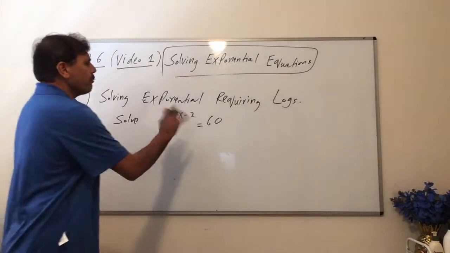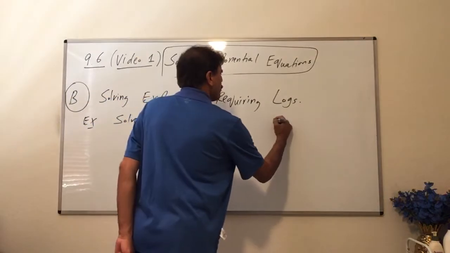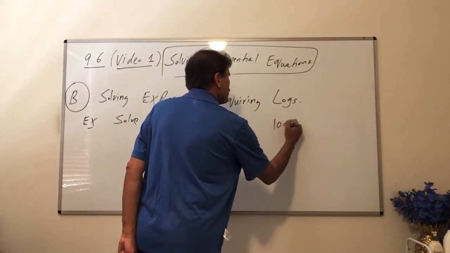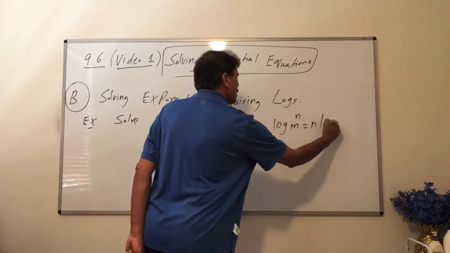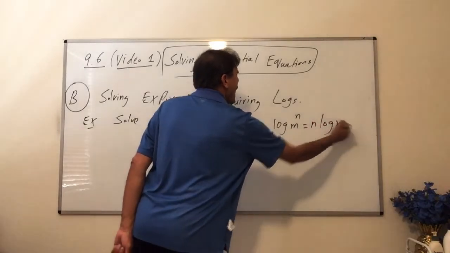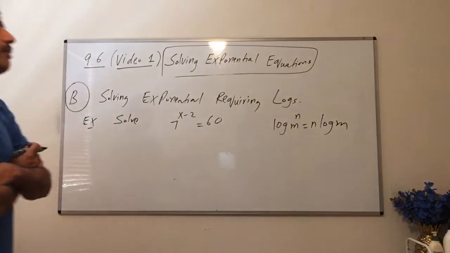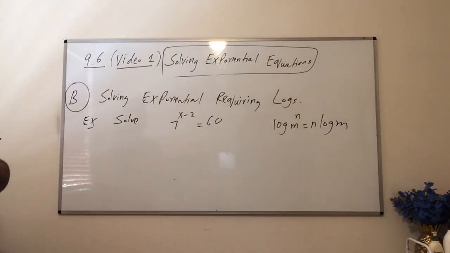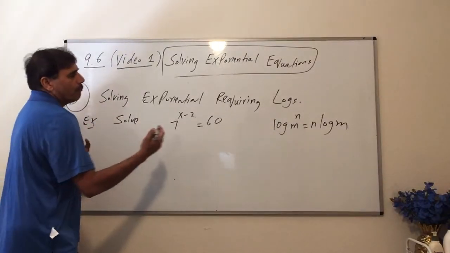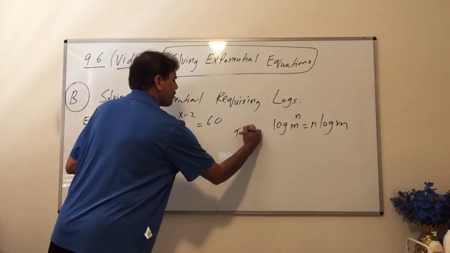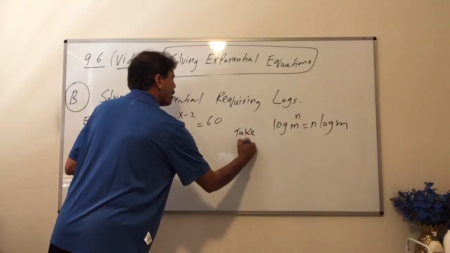So we're going to use the power rule. If you remember, log of m to the power n is always n log m. That's the power rule from your last video on the laws of logarithms. Here the base is 7, so in this case we're going to take log of both sides.